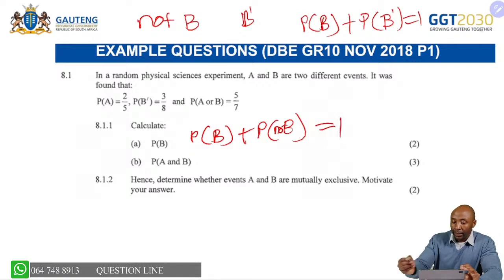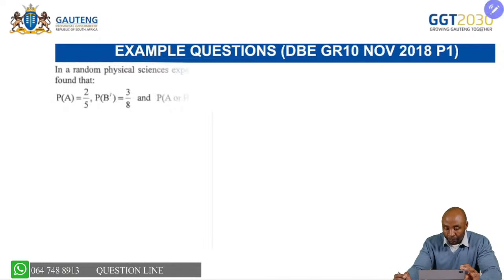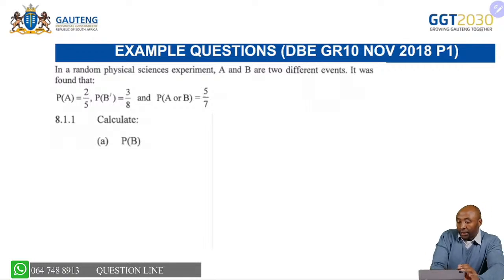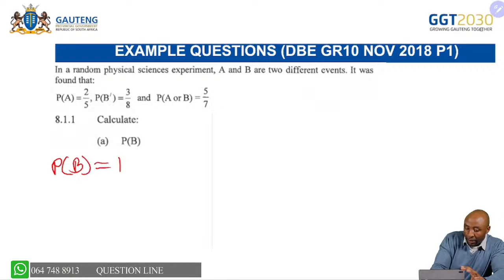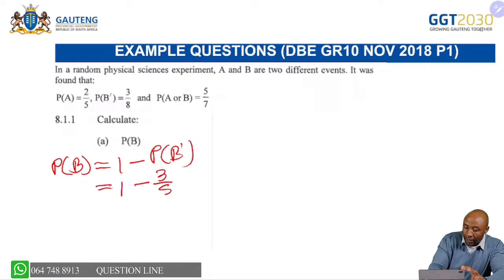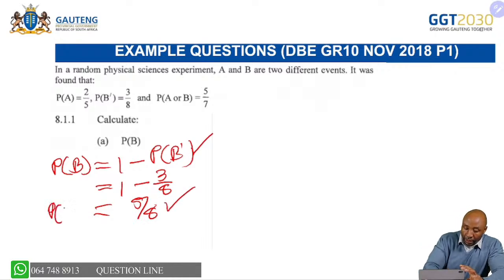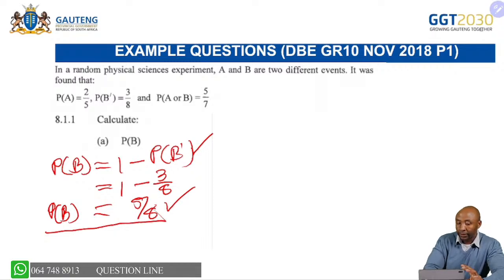In which case, the probability of B will be given by 1 minus the probability of not B, in which case it will be 1 minus 3/8. Punch this on your calculator, you should get 5/8. So you'll get a mark for knowing the rule and substitution, and for the answer, P of B is that one.